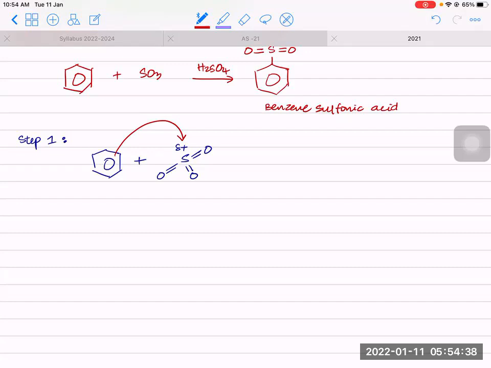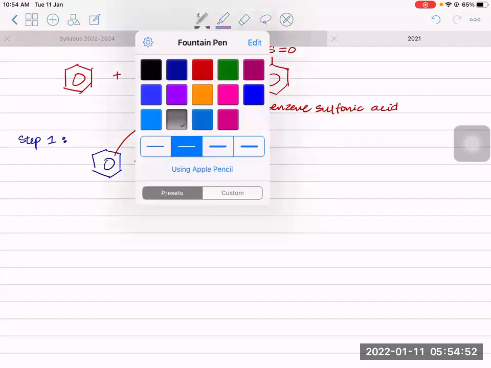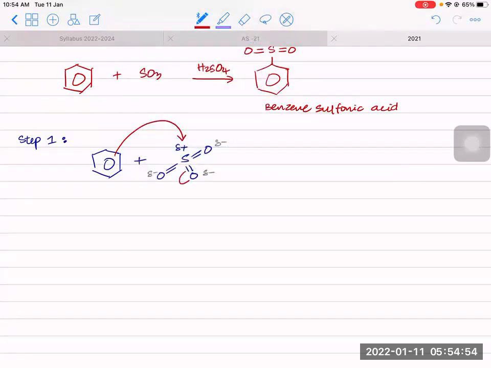So if it bonds to the benzene ring, one of these bonds needs to break because sulfur cannot have 7 bonds. So let's say these are partial negative. Let's say this bond breaks, because one of them is a pi bond. Clear? You can make any one of them break. That's totally up to you.